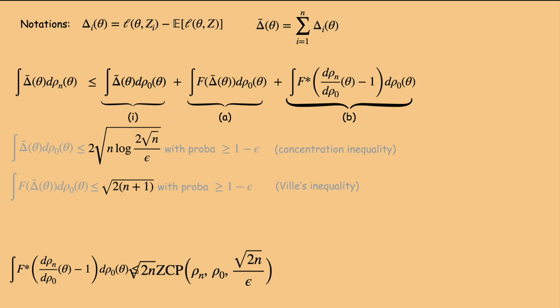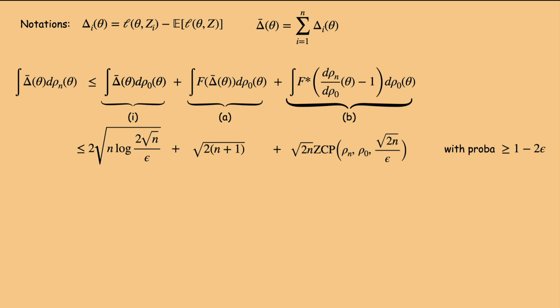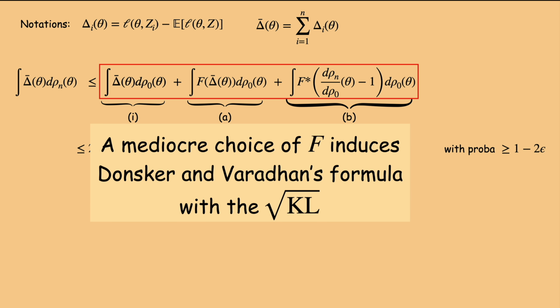Finally, I would like to insist on the two keys explaining why the ZCP divergence appears rather than the square root of KL. The first key is to decompose the error with Fenchel-Young's inequality. xy is smaller than f of x plus f star of y for the function f of your choice. A mediocre choice of f may give you back Donsker and Varadhan's formula with its undesired square root of KL.